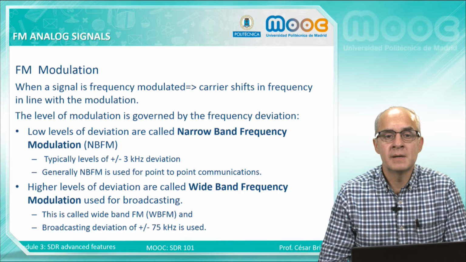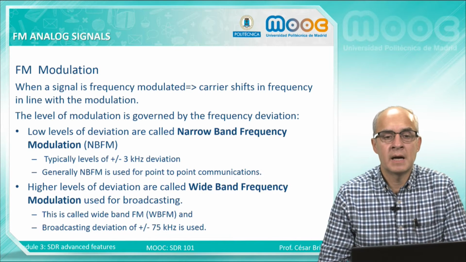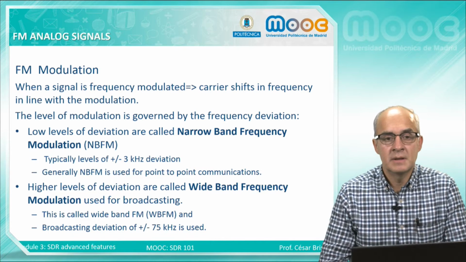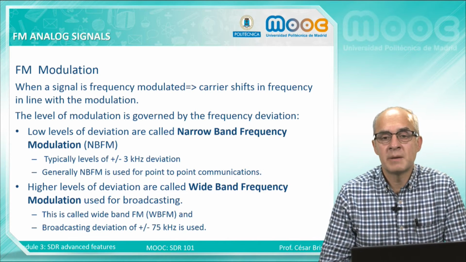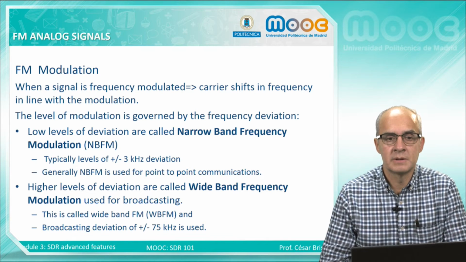Low levels of deviation are called narrow band frequency modulation, and the typical levels are plus minus 3 kHz deviation. This type of modulation is used for point-to-point communication, for private service, police, and any other analog service.